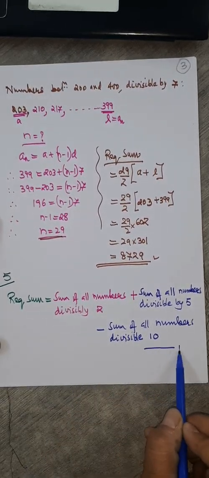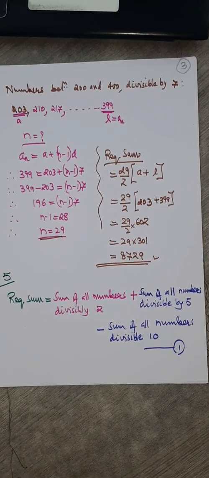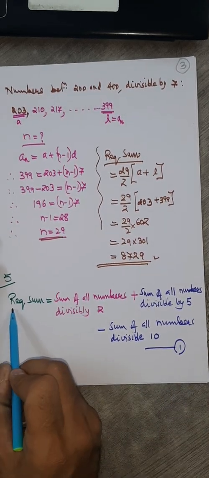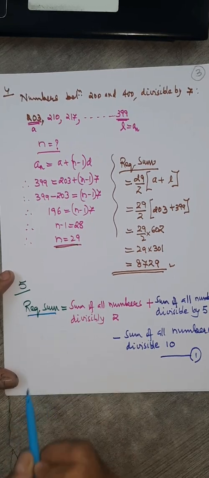Right, we'll do this, so I'll get the required summation. I repeat, required summation means what? Sum of all the numbers from 1 to 100.